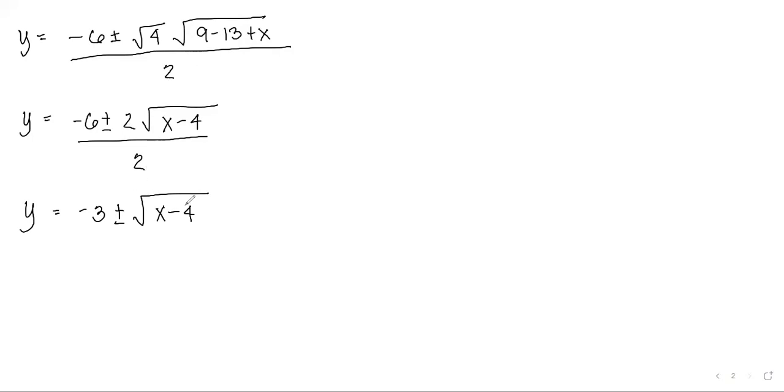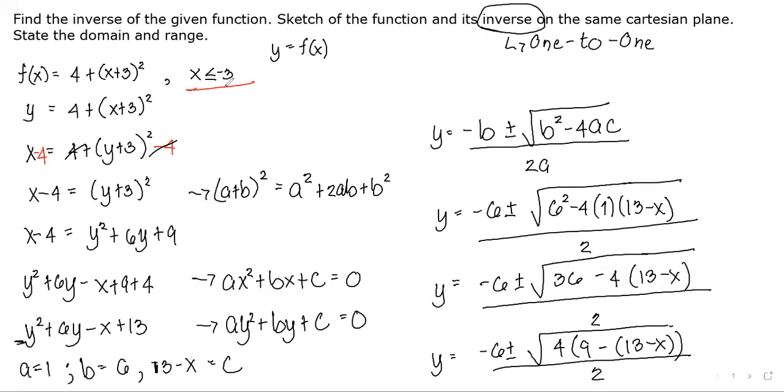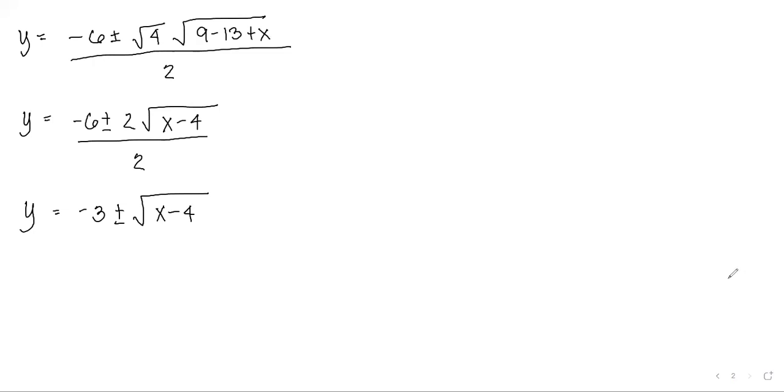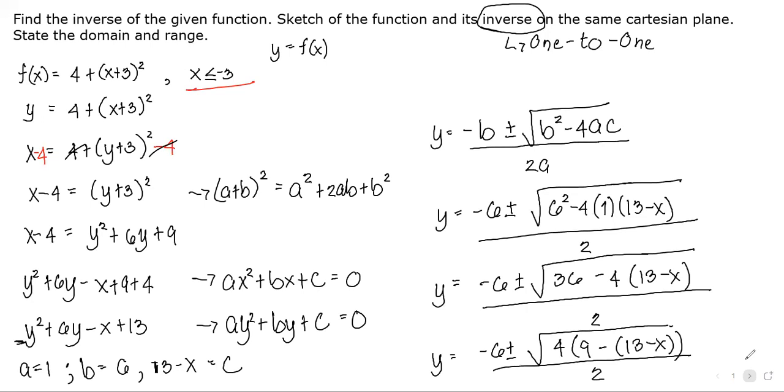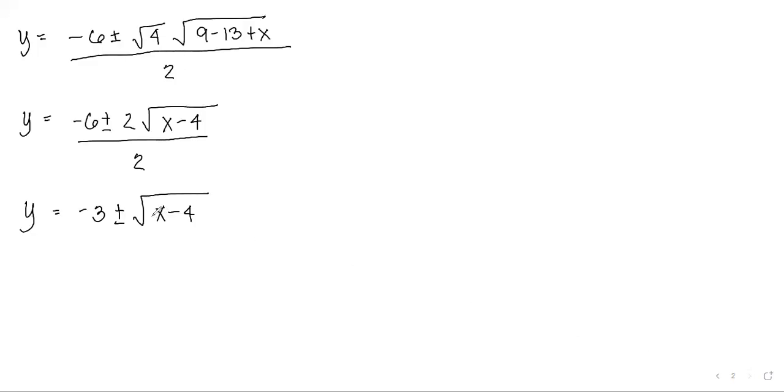Okay. Pero ang sabi, di ba, may restriction kasi siya, which is, dapat x natin should be less than or equal to negative 3. Okay? So, paano magiging less than or equal to negative 3 yung atin? Kasi kapag naging positive to, magiging negative tong buong to, imaginary na.